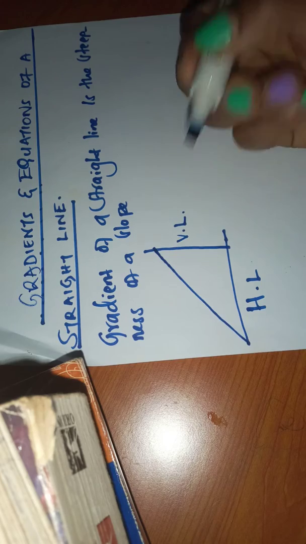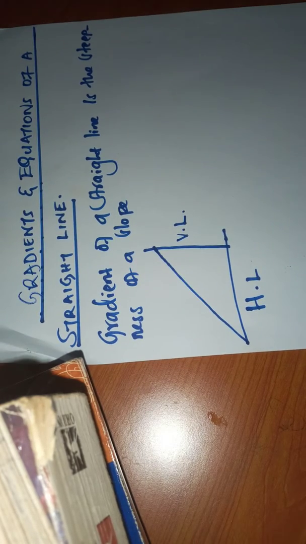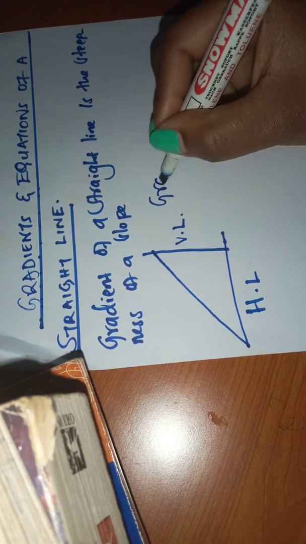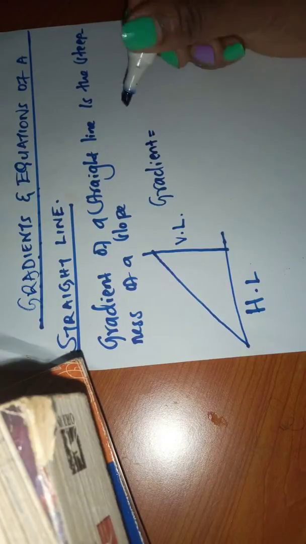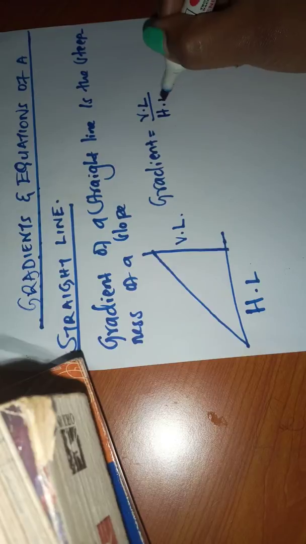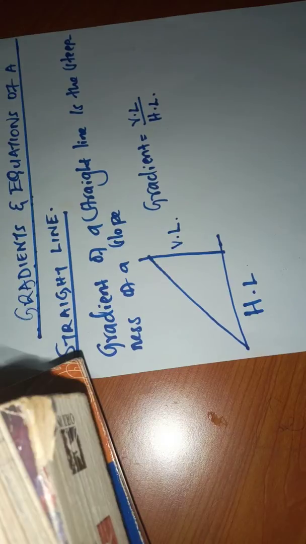You know, the slope in your village. In my village there are many of them. So we say that the gradient is equal to the vertical length divided by the horizontal length.